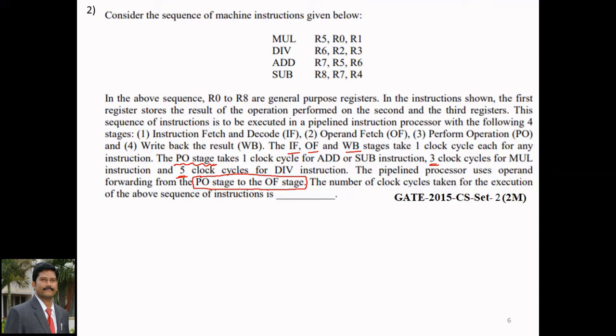That means there is no need to wait after completion of the PO. Now the question is the number of clock cycles taken for the execution of the above sequence of instructions.